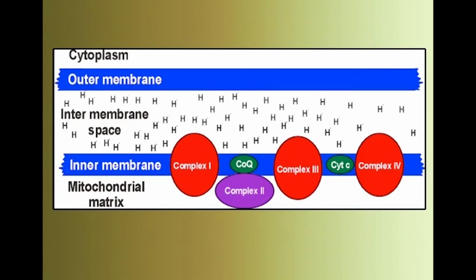Electrons pass from cytochrome A to oxygen in complex 4. And finally, when FADH2 is oxidized by the electron transport chain, the first proton pump, complex 1, is bypassed since complex 2 has only enough reducing potential to pass electrons to coenzyme Q.